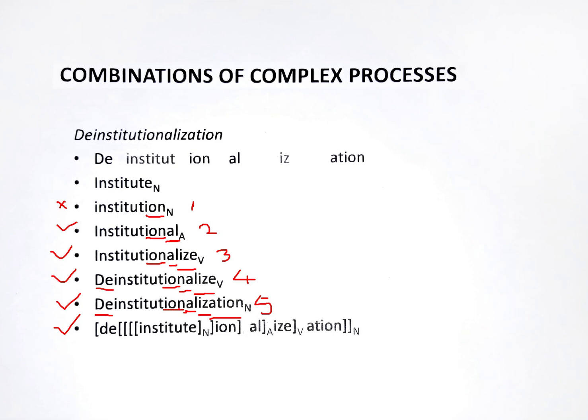So it has the second affixation way of word formation process. Third word is continuing adding the third suffix to form the word institutionalize. So it has the third affixation way of forming a word. The first one is by adding the prefix de, in front of institutionalize, deinstitutionalize.